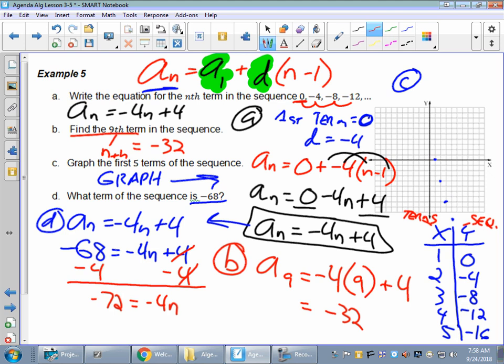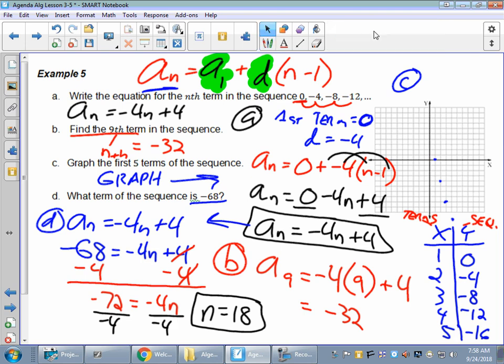And then when I divide through by -4, hopefully you caught that, I end up with n equals 18. So what that says is that -68 would be the 18th term in that sequence. You could go ahead and figure that out if you kept going and subtracting 4 each time, doing it 18 times. Here, this equation gives us an easier way to find that.